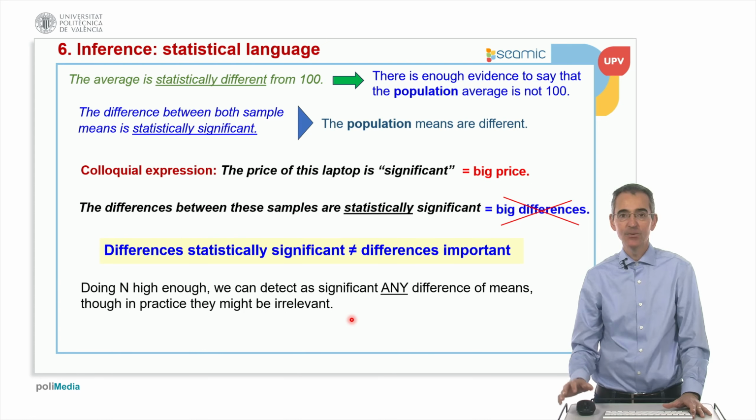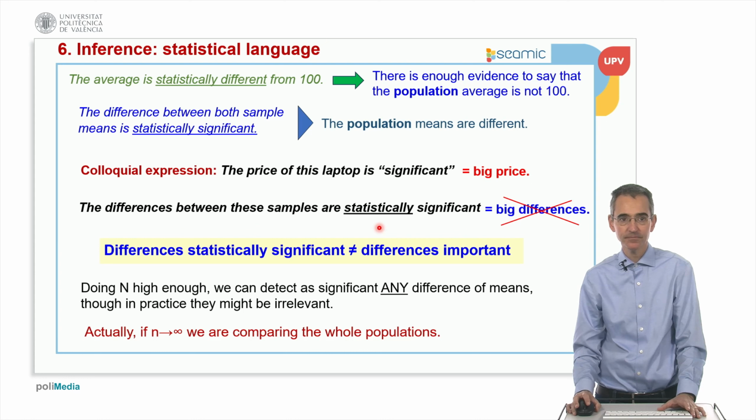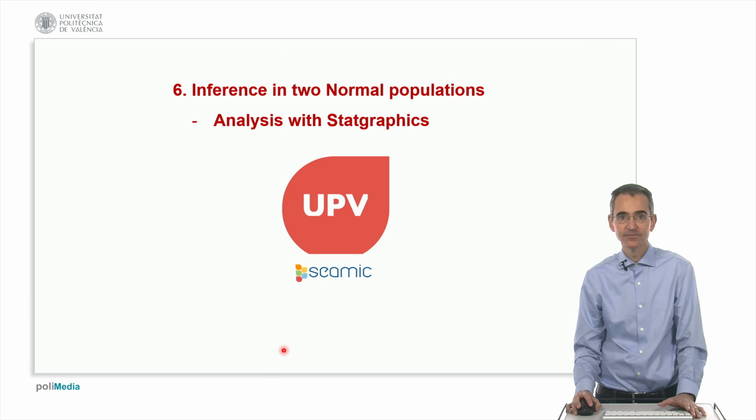But we have to remember that we reject the hypothesis, yet in practice the difference might be relatively small, so it may not be of much interest. Actually, n tending to infinity is like comparing the size of the two populations.